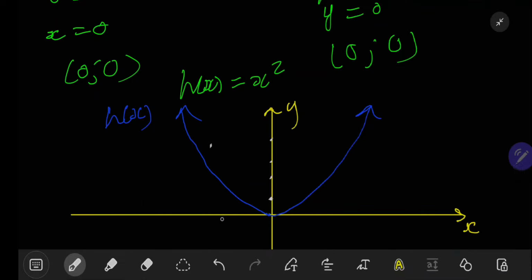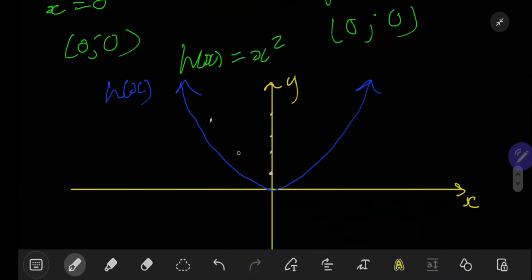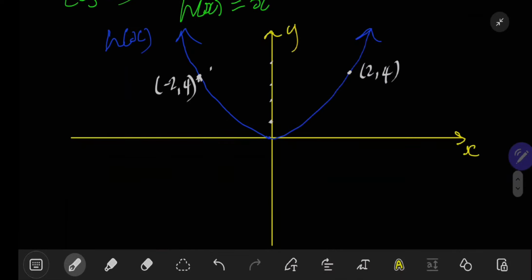Then this can be negative 2. Okay, it's fine. Let's say this point here is negative 2 is to 4. And then here, it will be 2 is to 4. And then we have a point here, which can be 1 is to 1. And then this one is negative 1 is to 1.